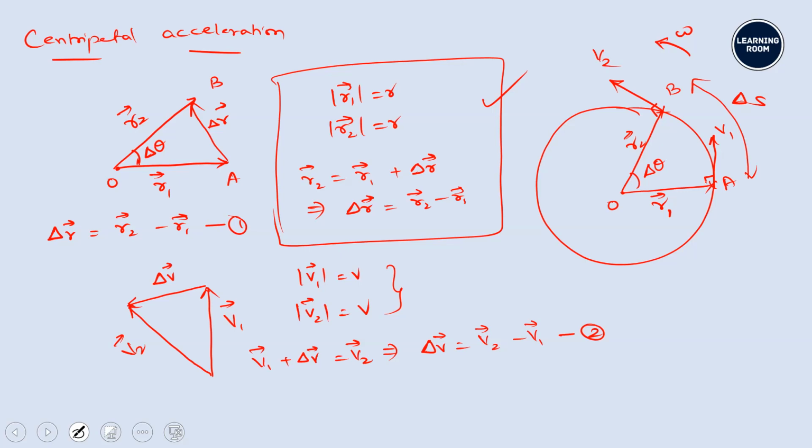Meaning, if from R1 vector I take the rotation towards R2 vector as delta theta, then the angle between V1 vector and V2 vector, from V1 vector rotating towards V2 vector, will also be exactly delta theta. So you can make a note of this one.